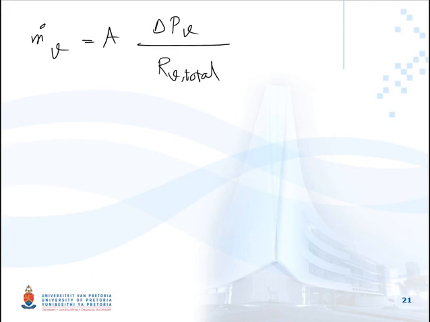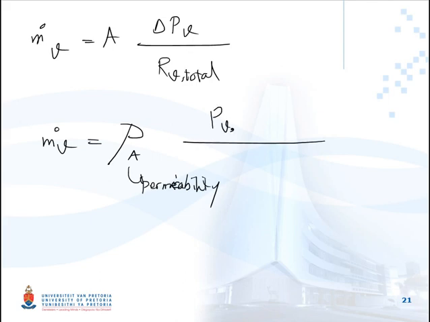Simply we can say that, and we can also rewrite it as permeability times A times the partial pressure difference, divided by L. The permeability of most construction materials is usually expressed for a given thickness instead of per unit thickness, and it's called permanence.